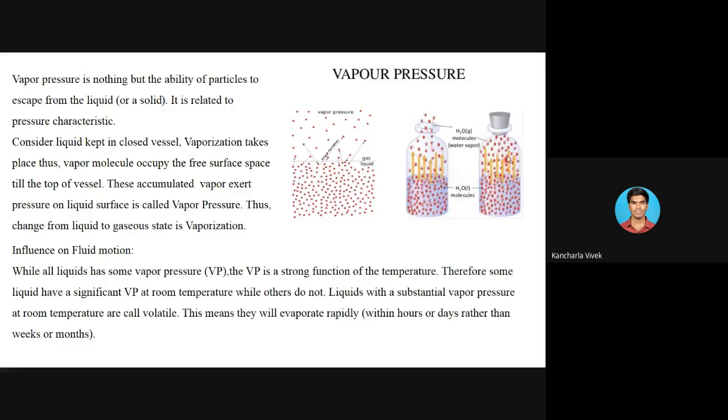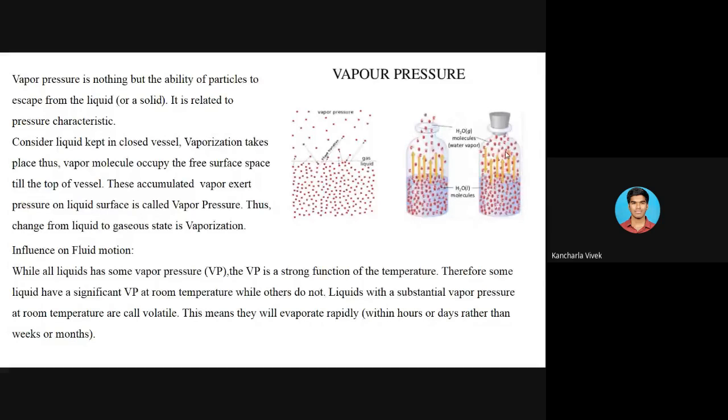Before, it was empty here. So in the closed vessel, the liquid molecules escape from the water surface and fill the free space till the top of the vessel. Whatever space it is, they occupy.